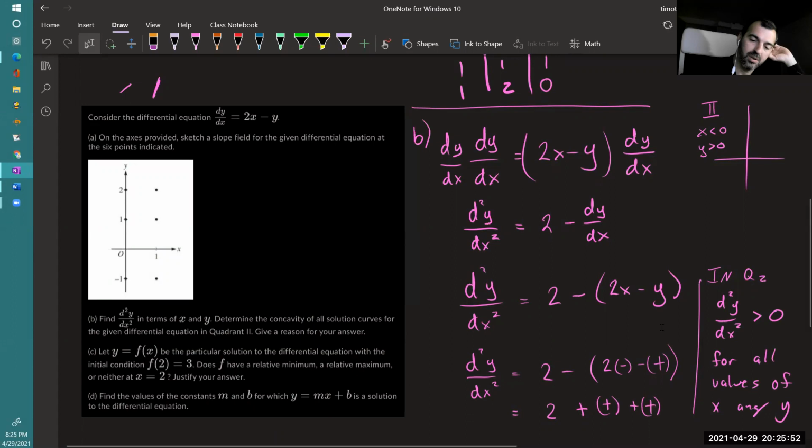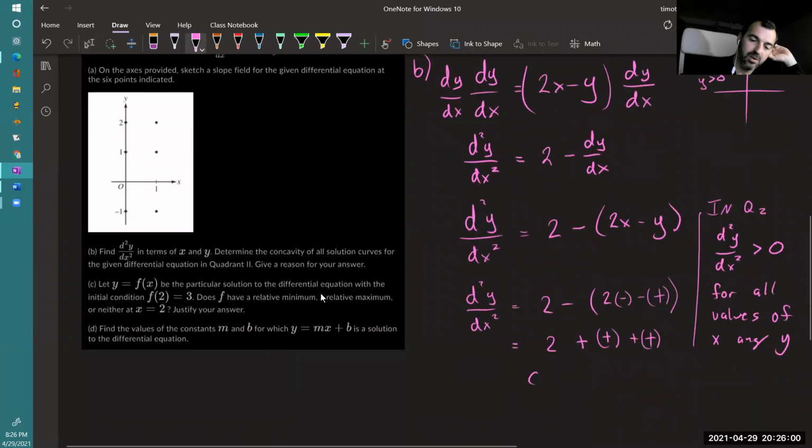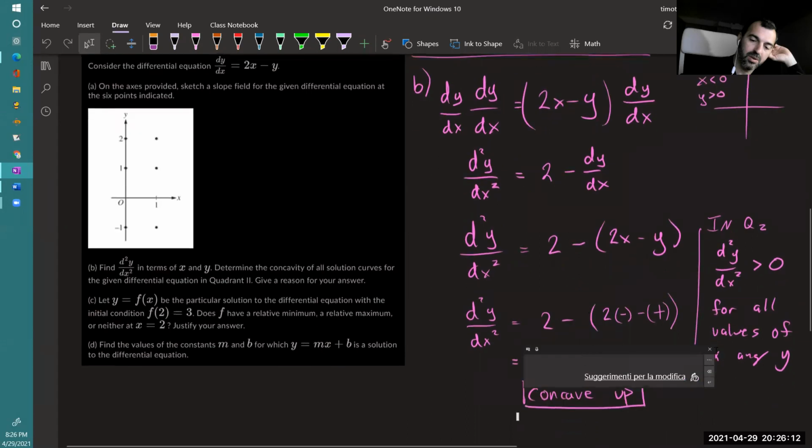Okay, here's my justification. So therefore, the question is what's the concavity? I forgot to answer the actual question. So it's concave up. Man, if I hadn't written concave up, I would have missed a point on the AP exam or something there. So there's B. That one's done.